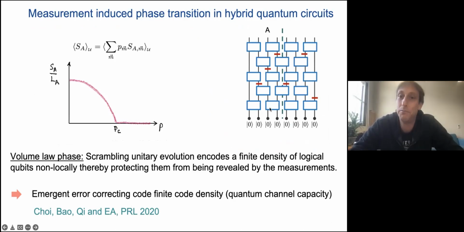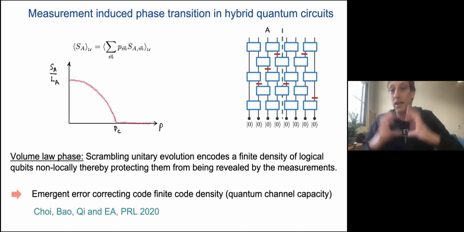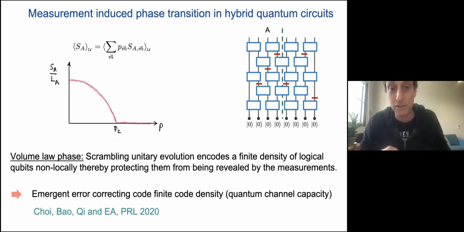Let's forget about the measurements for a second and ask what the unitary gates are doing. The unitary gates are scrambling the state and making it more and more non-local.